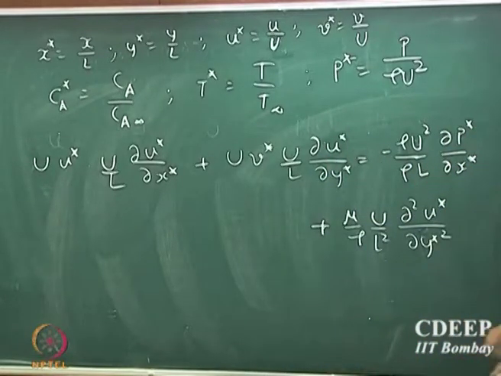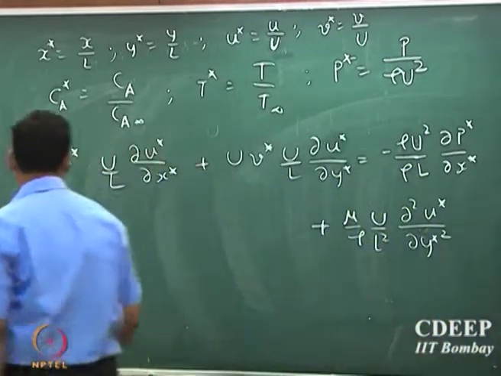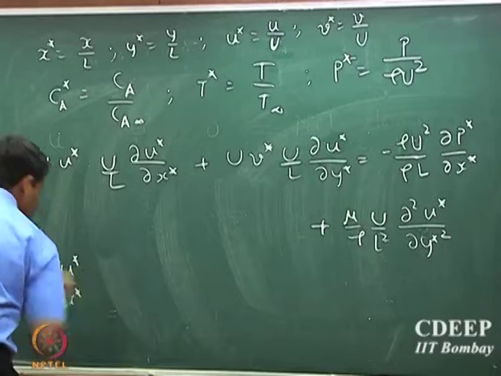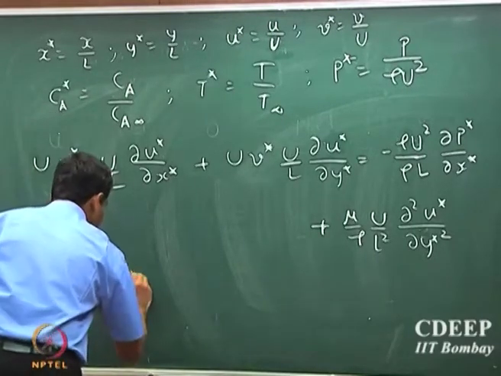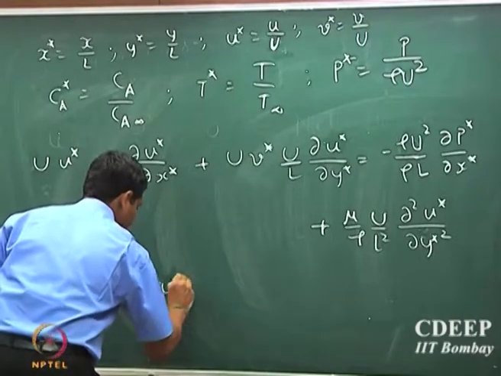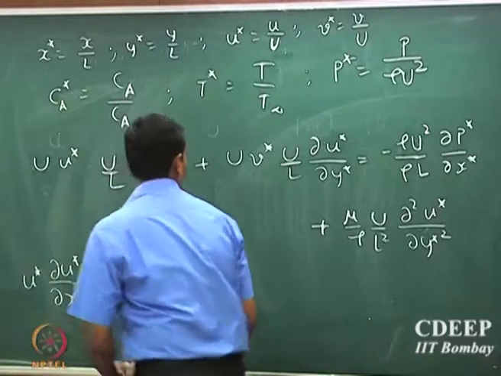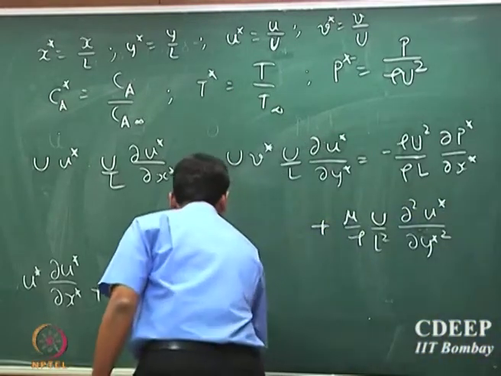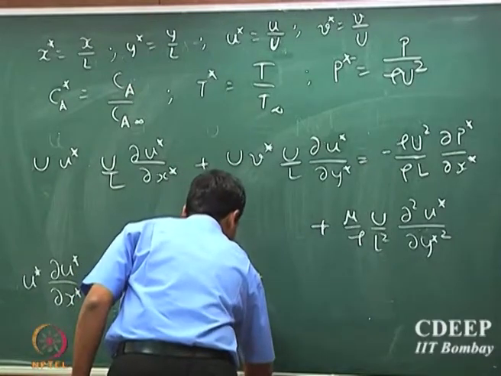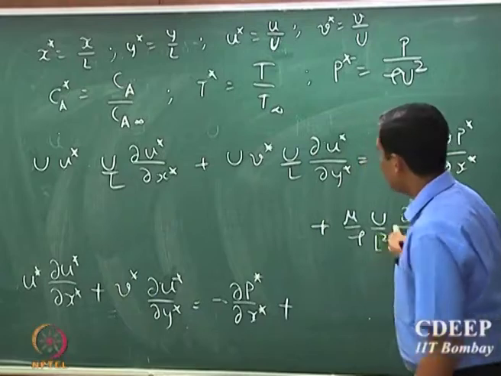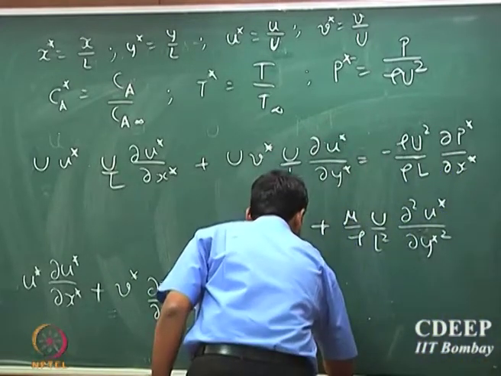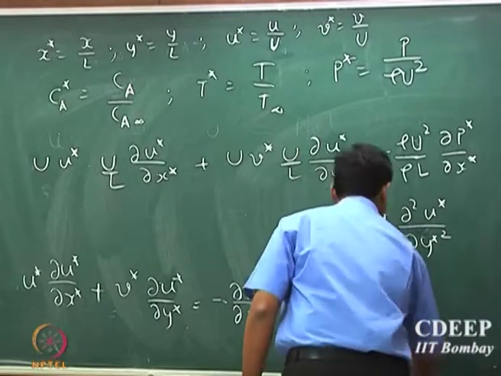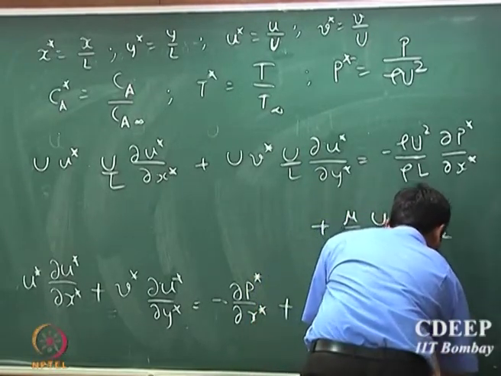okay. So, now if I cancel out all the like terms, this will become u star du star by dx star plus v star du star by dy star, that is equal to, so now I bring L by U square, so L by U square goes out, rho will cancel out, so it will be minus dP star by dx star plus, now I have L by U square, so that will be mu by rho into U by L square into L by U square into d square u star by dy star square.